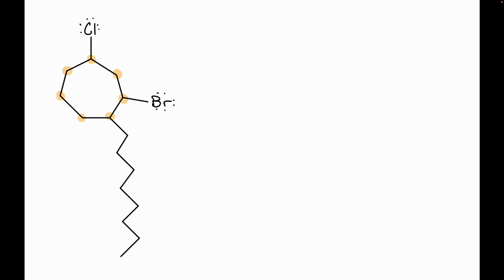I forgot one. All right. This alkyl chain down here, again, is going to be a substituent. It's got 8 carbons, so this is an octyl group. We got our chloro and our bromo group.